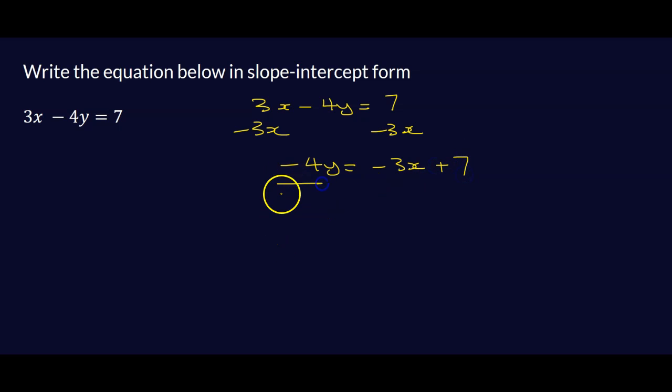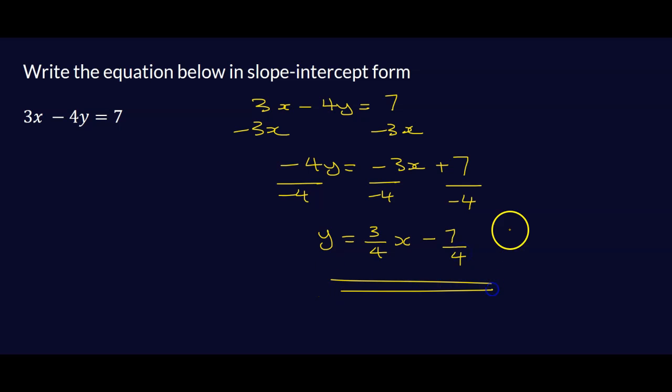And then we'll divide every term by negative 4, so that way we have our y isolated. So y equal to 3 over 4x, because negative divided by negative is positive, minus 7 over 4, since 7 divided by negative 4 is going to be a negative value. So that's how you do that.